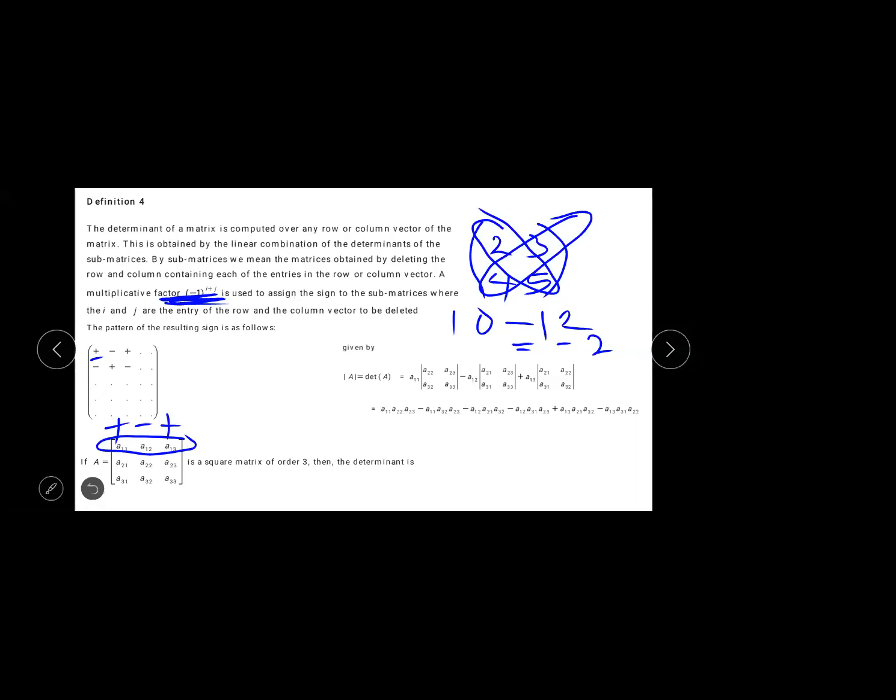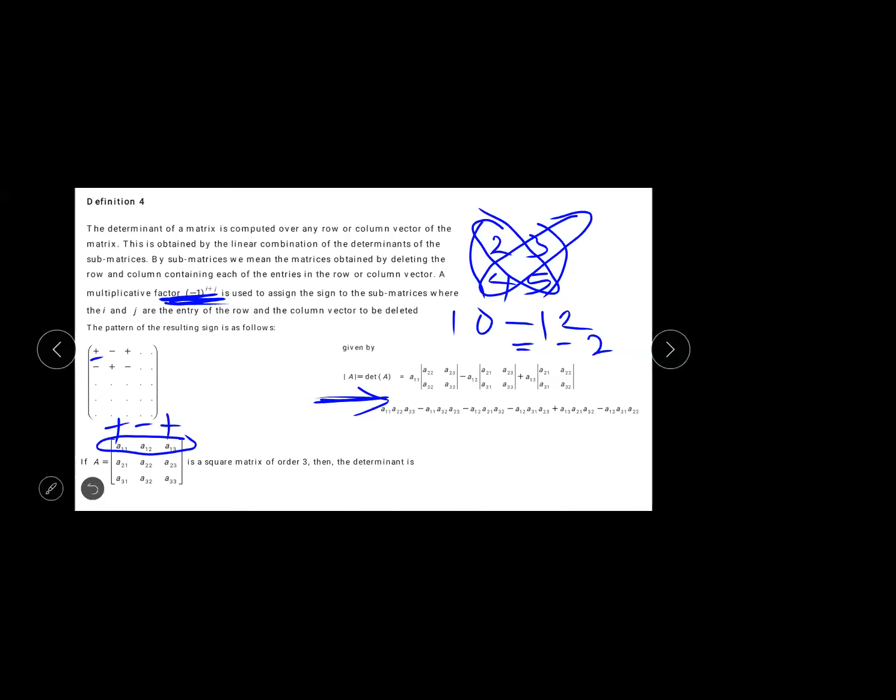And that is what you can see here. So they alternated the sign: plus, minus, plus. It means you now pick, because this is a 3 by 3 matrix, you need to reduce it to a 2 by 2 matrix before you can easily get the determinant of such a matrix.